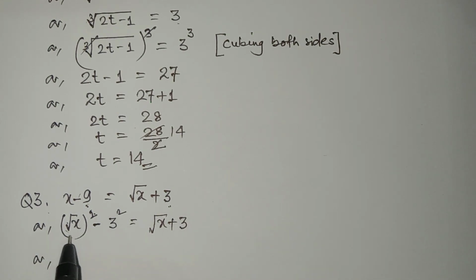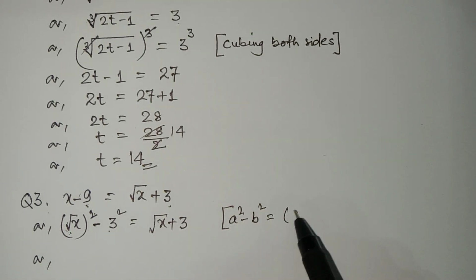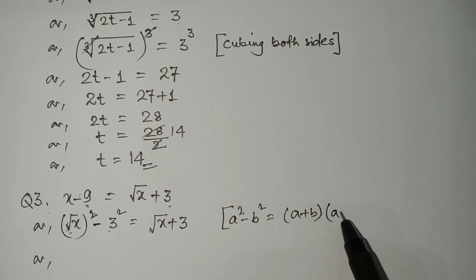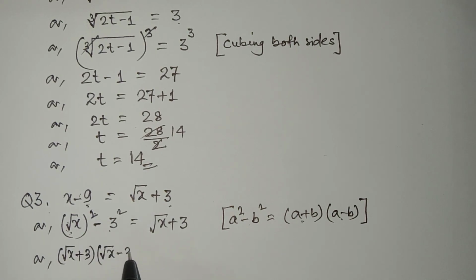If I compare this to a squared minus b squared, I will have (a plus b)(a minus b). So I am going to write this in terms of these factors: root x plus 3, root x minus 3, equal to root x plus 3.